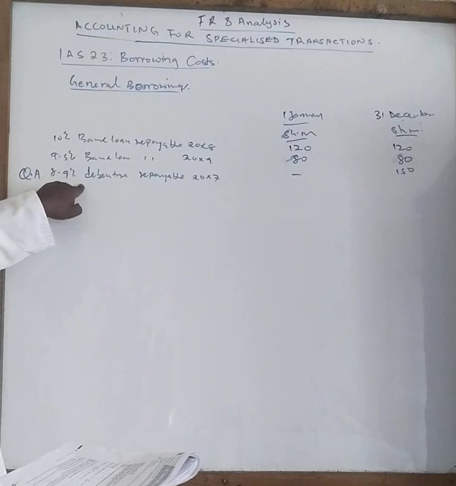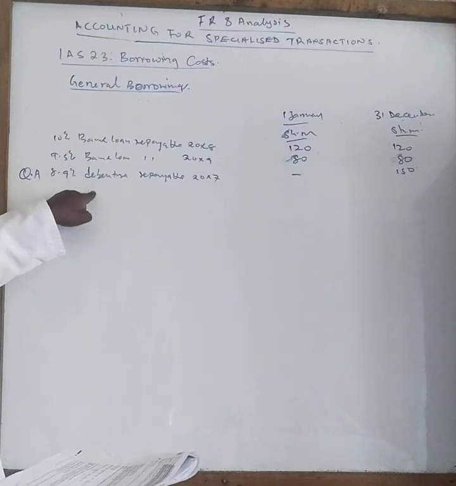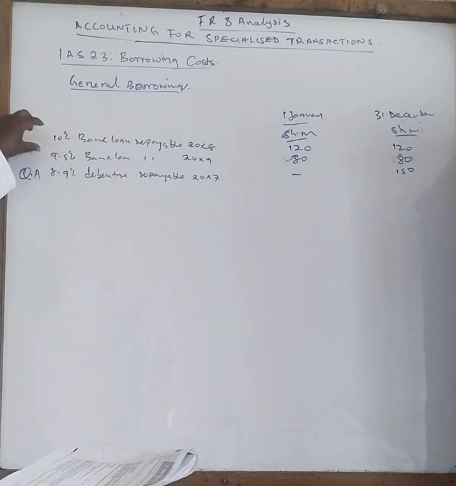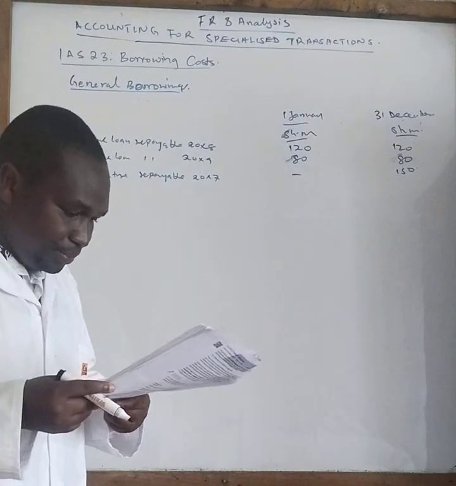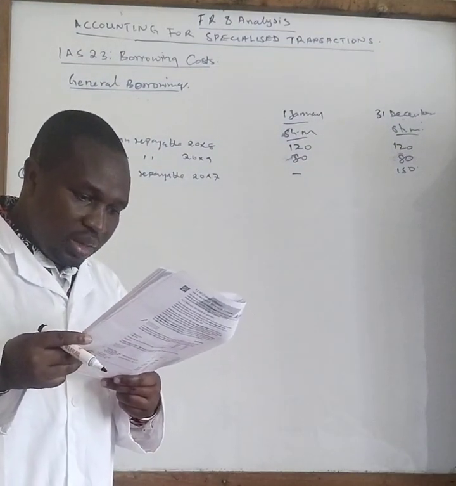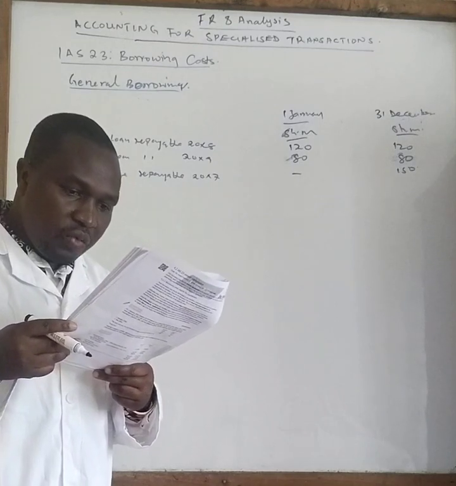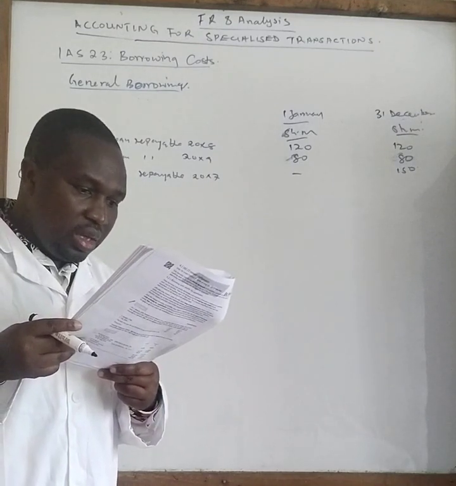Why? The third loan is a rate for a qualifying asset. So for us to calculate the capitalization rate, we need to get the weighted average of 10% and 9.5%. Correct.